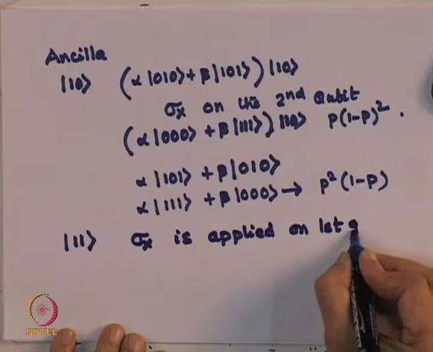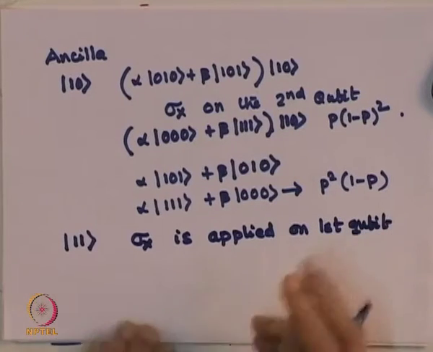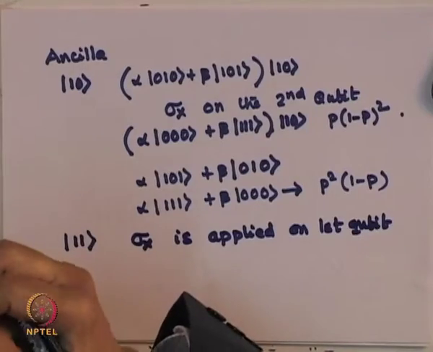and you can work it out easily to check that this application would once again correct the third qubit position, which was received with the probability of p into (1 minus p) square. But then the other state which had the same value of ancilla, which has the probability of p square into (1 minus p), does not get corrected as before.